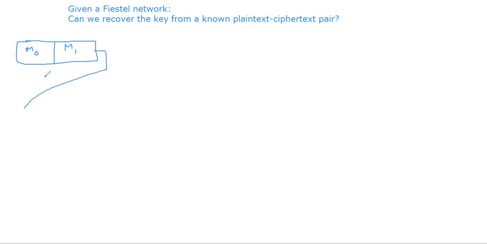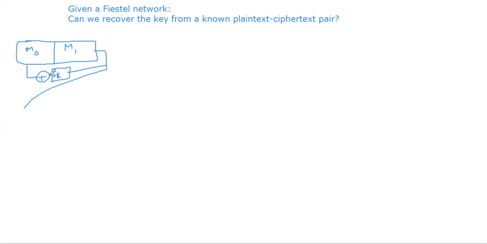What we do with M0 is send it to an XOR block. We take M1 and send it to another block, a pseudorandom function, let me call it FK, and FK produces some output, some random gibberish, and that goes as an input to the XOR.